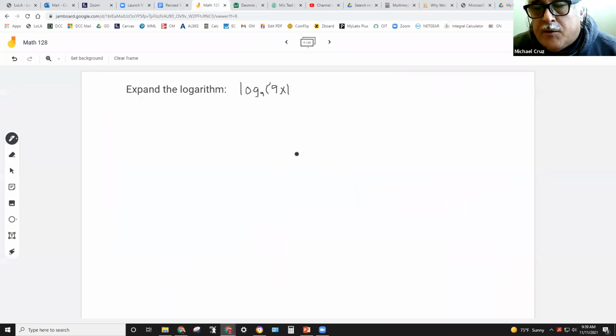All right, so we're going to expand this one. So there's a multiplication in there. So we're going to use the addition rule. So log base 9 of 9 plus log of x.